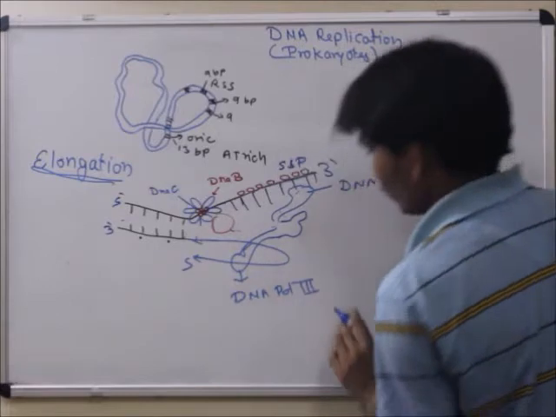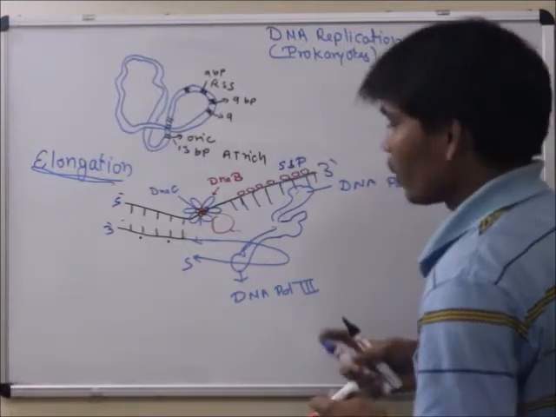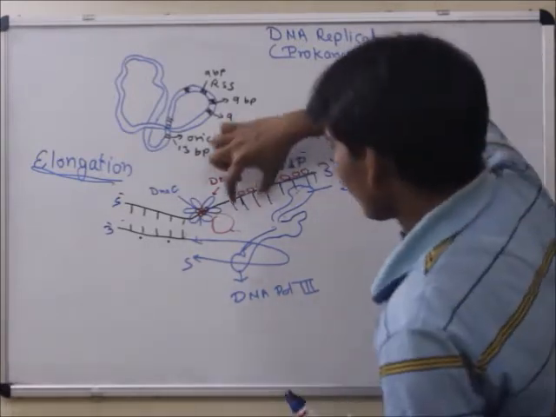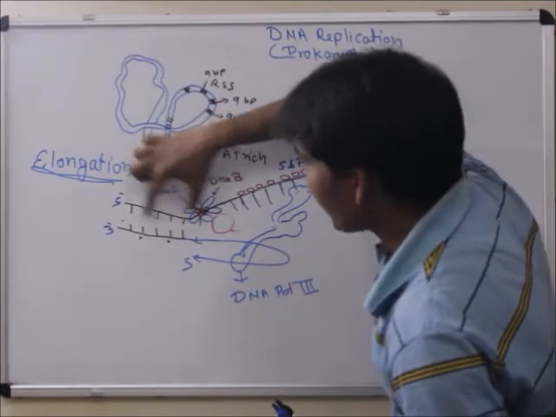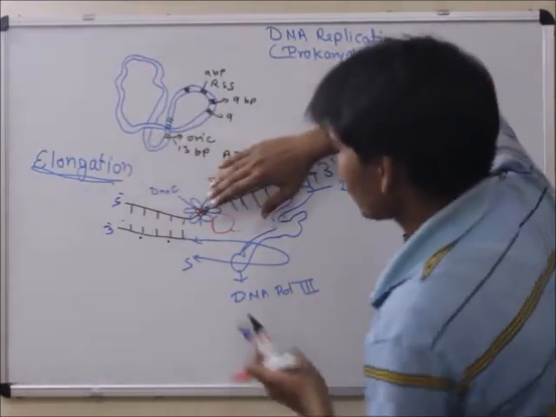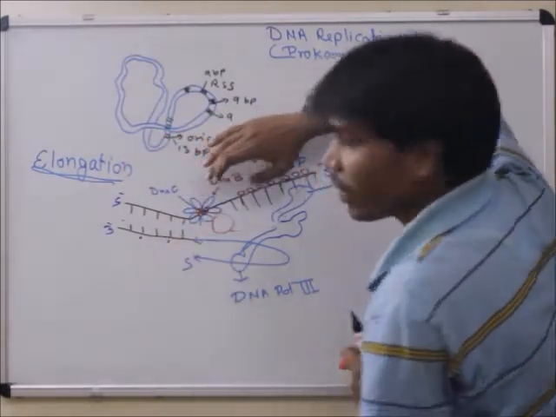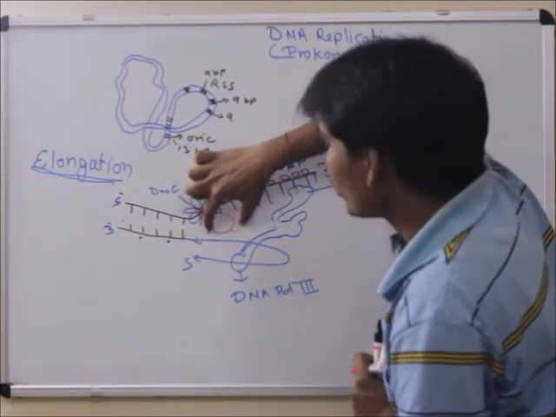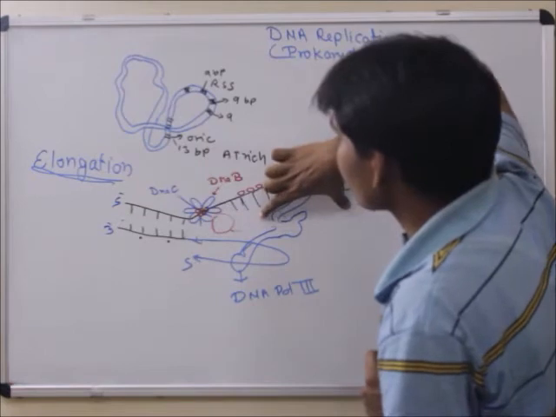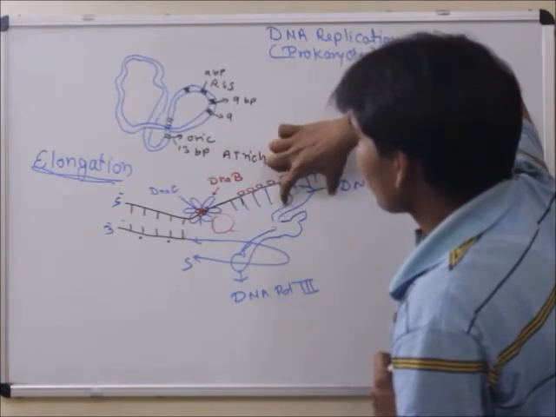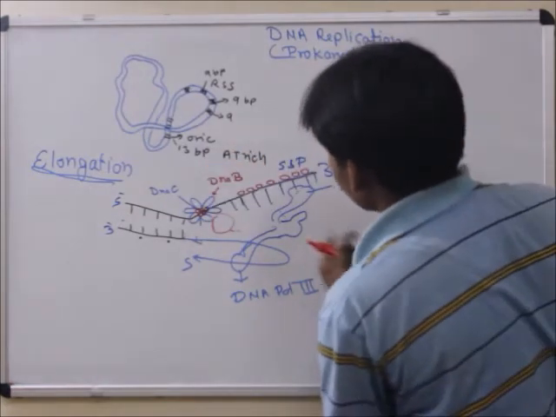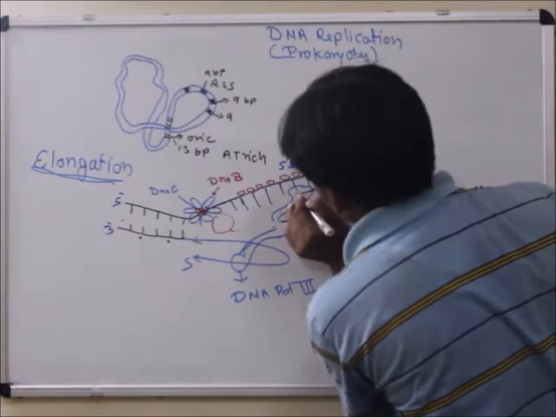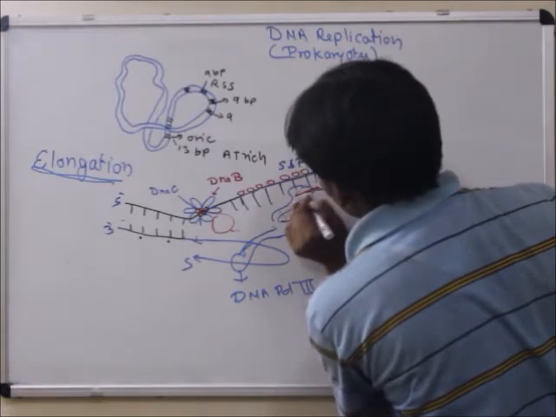So what happens when DNA B proteins break hydrogen bonds and replication forks form. Okay, DNA G synthesizes primers, oligonucleotides, and RNA polymerase adds the primers, but in this case a single primer is added here, that is 5 and 3.